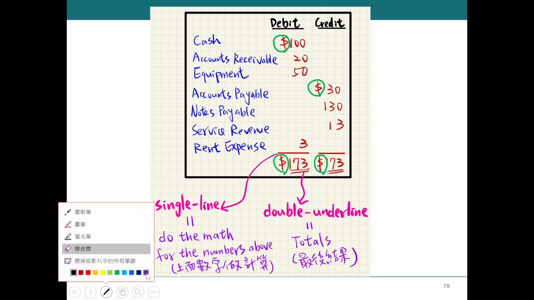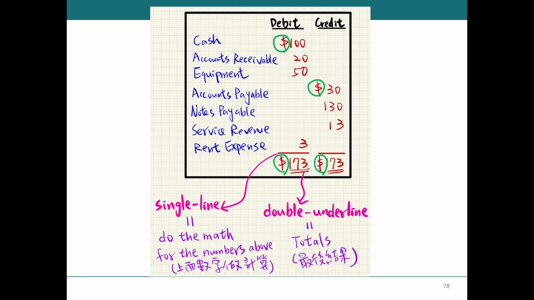Then, how about this one, the single line? So what does single line mean? Single line means all the numbers above the single line, we will do our math, calculate, add up all the numbers, okay? So, for example, if I have $10, $5, $6, did you find out?